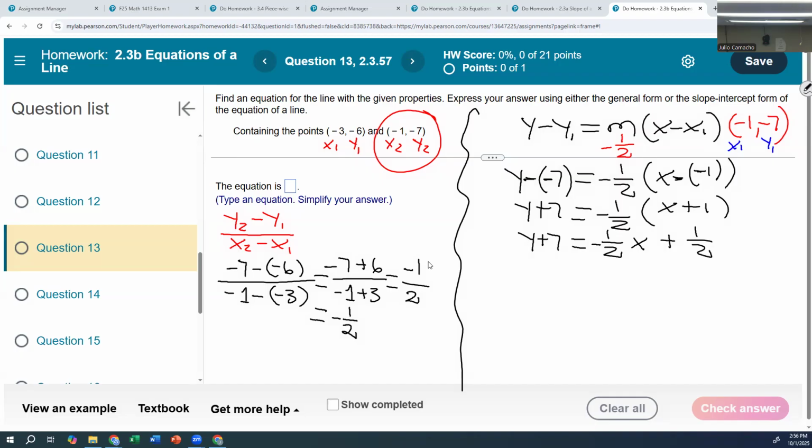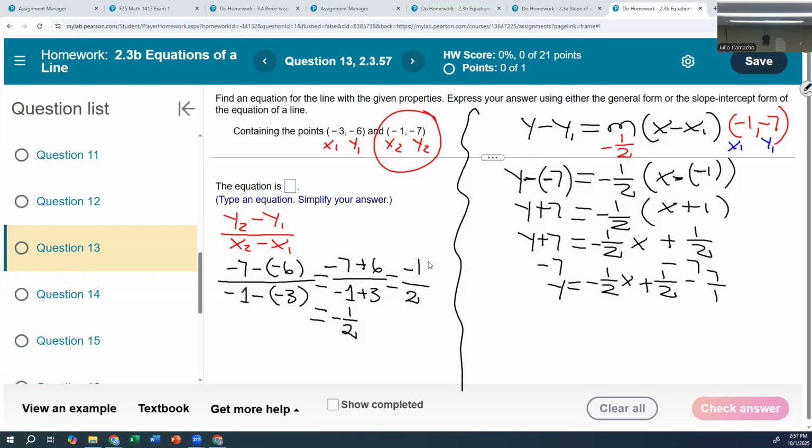Then I need to subtract 7 from both sides. So I have that y is equal to -1/2 x, and then you have plus 1/2 minus 7/1. But I cannot subtract 7/1 from positive 1/2 because they don't have the same denominator.